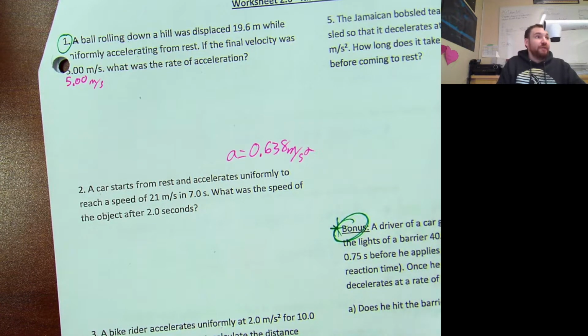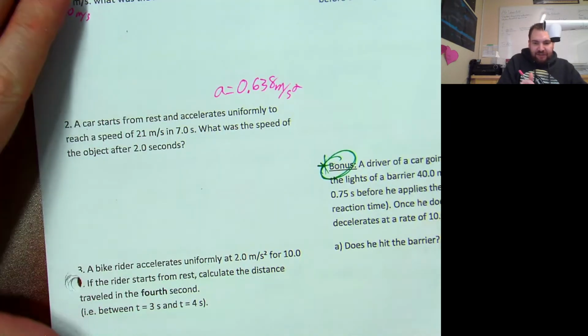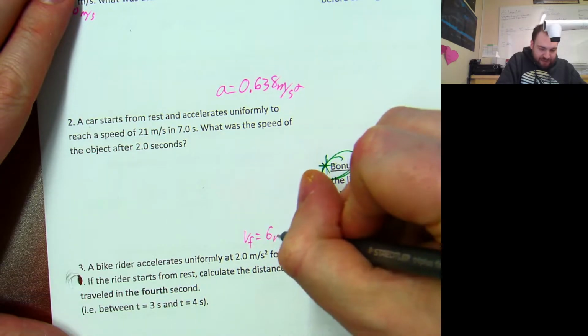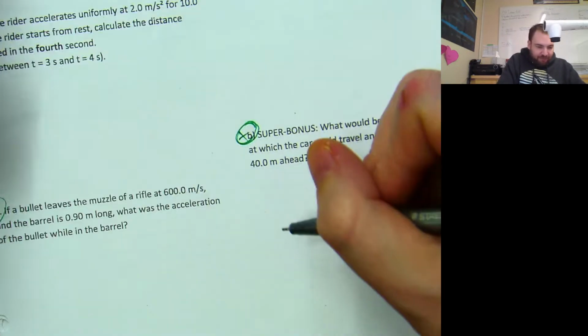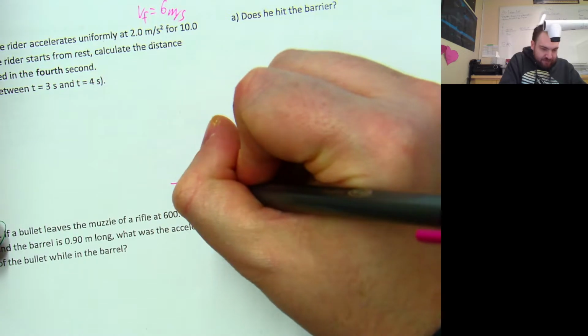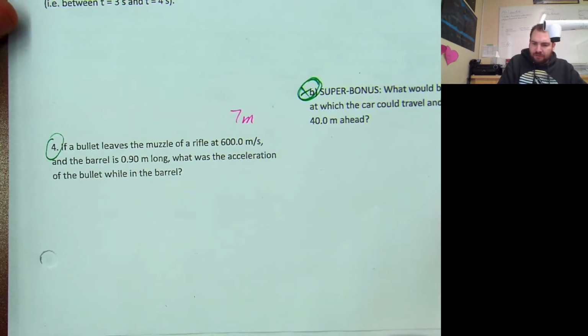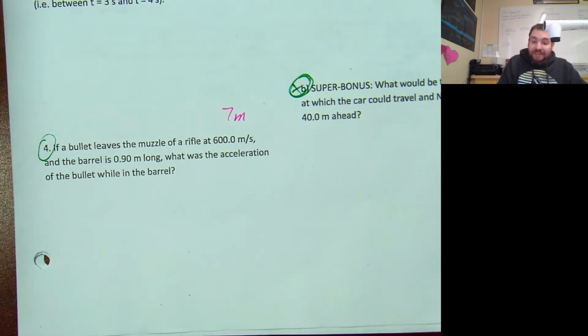I'll give you the answers to all of them for those of you who did some of the extra practice. The answer to number 2, if you want to look at it later, is 6 meters per second. The answer to number 3 is 7 meters. Number 4, which I assigned to you, what are we even looking for? What is the acceleration?